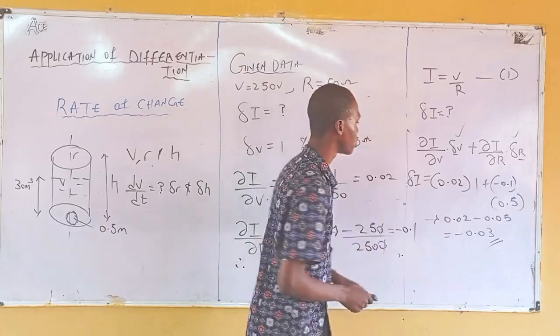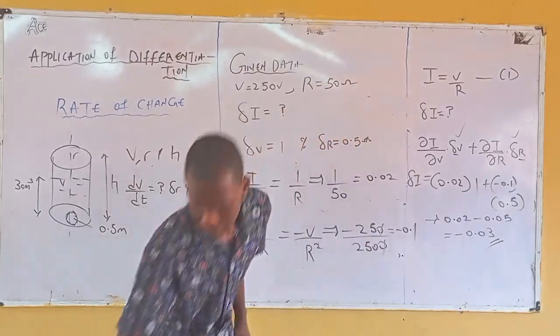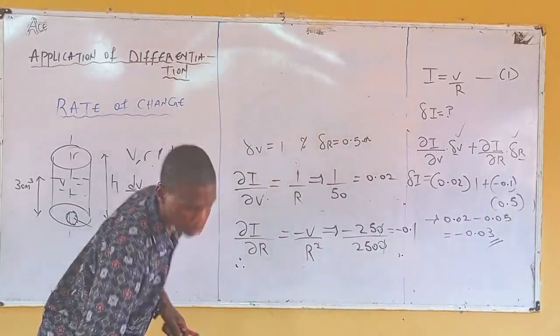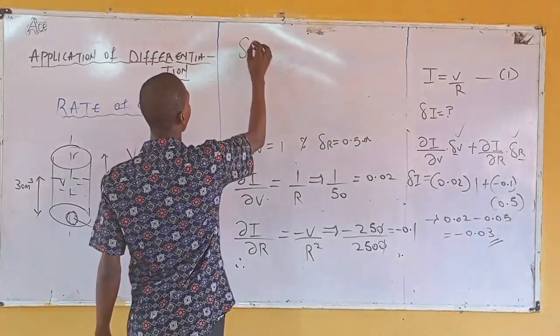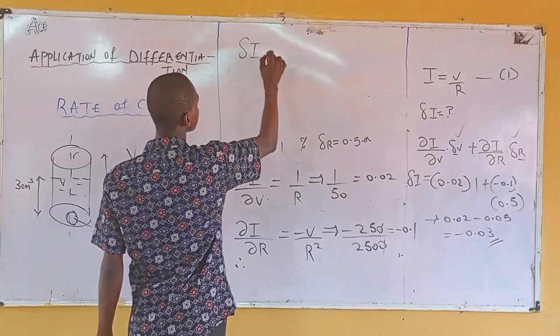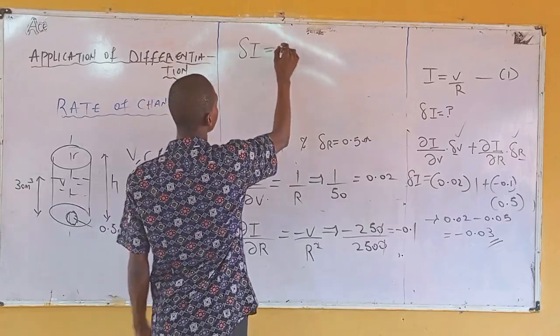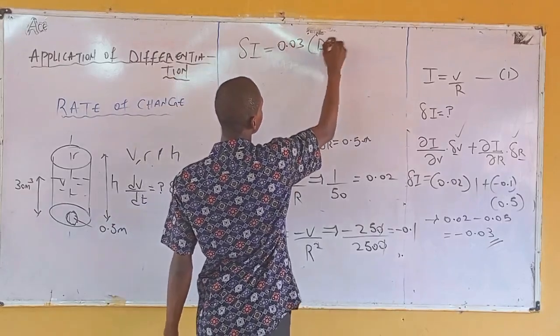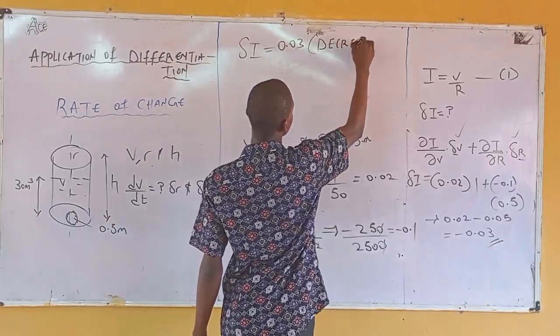In conclusion, what you are going to write is that the rate at which I is changing with respect to time is 0.03, open bracket, decreasing.